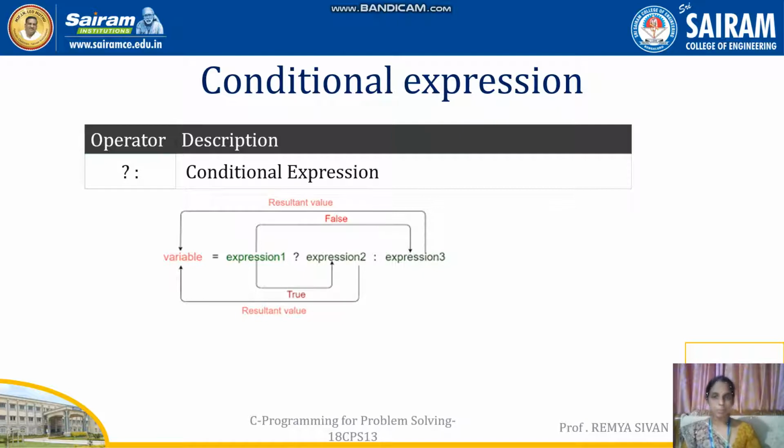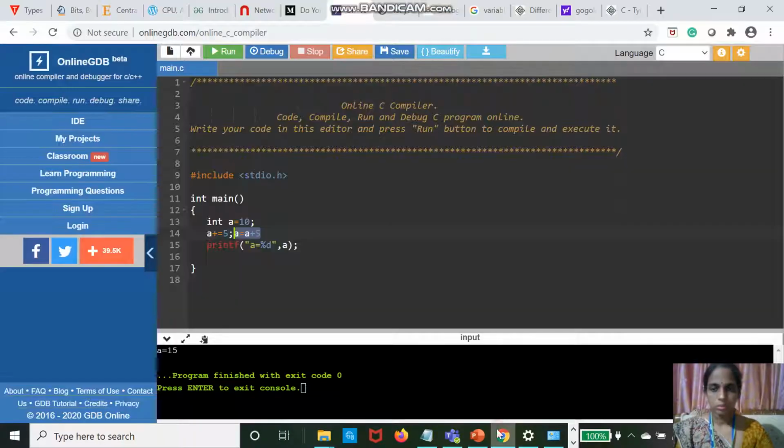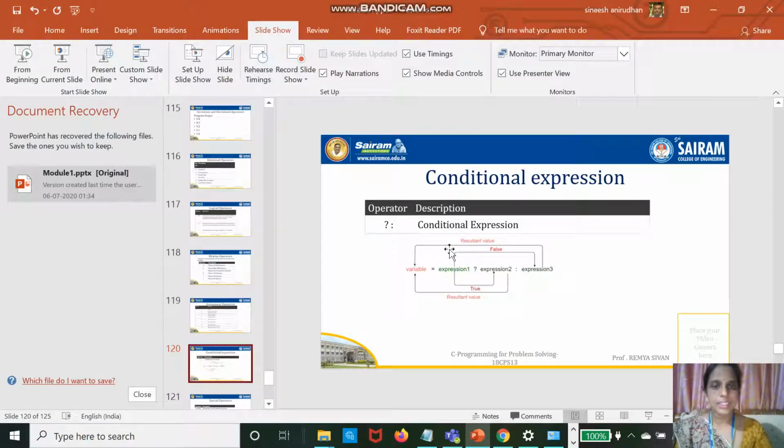Next one is the conditional expression. I'll show an example. I can write a is equal to 10, comma b is equal to 5. This is the syntax: variable is equal to expression 1, question mark, expression 2, colon, expression 3.